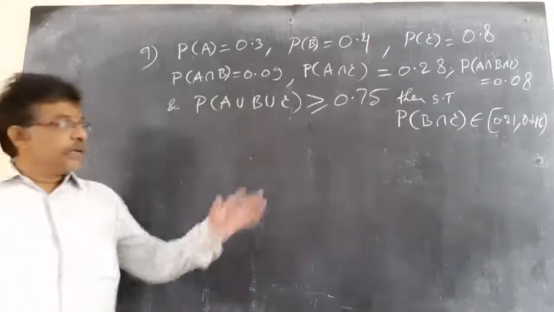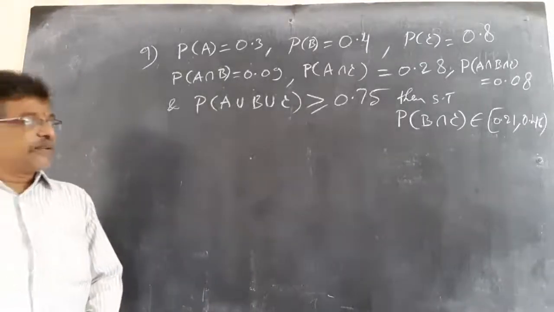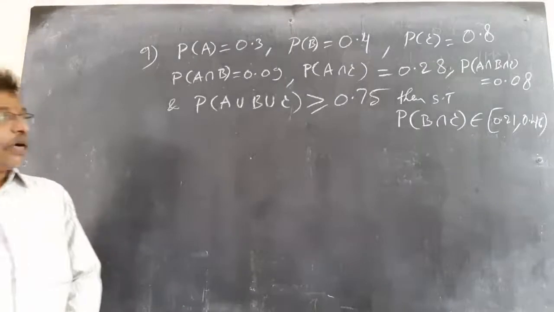Prove that P of B intersection C lies between 0.21 to 0.46.